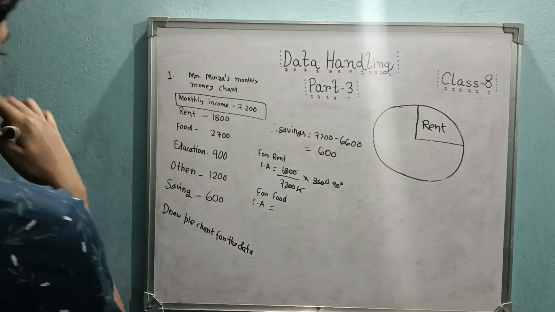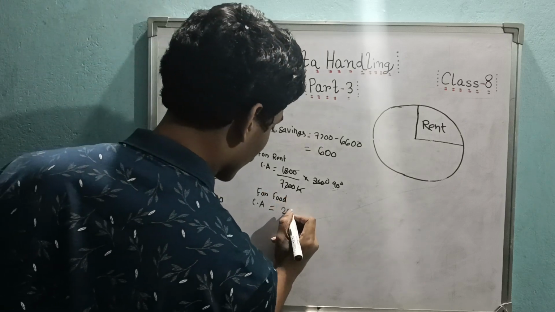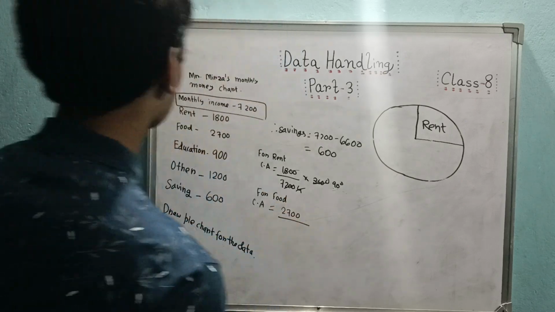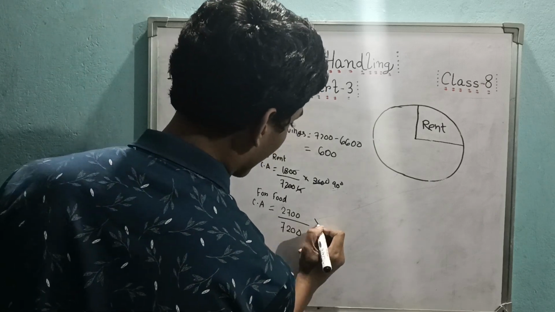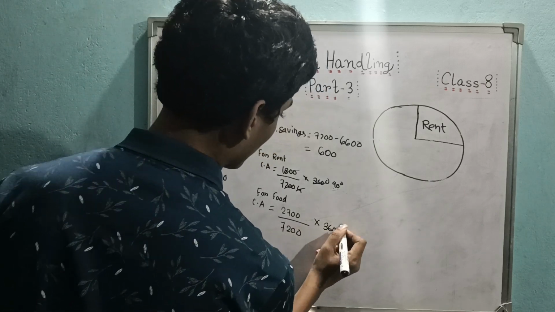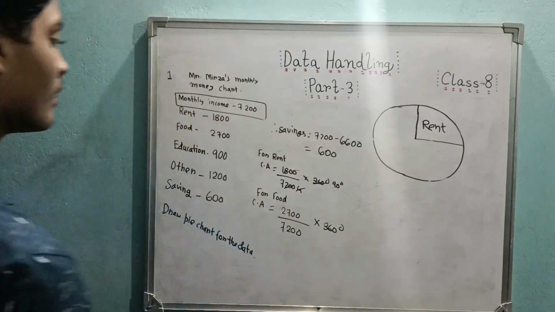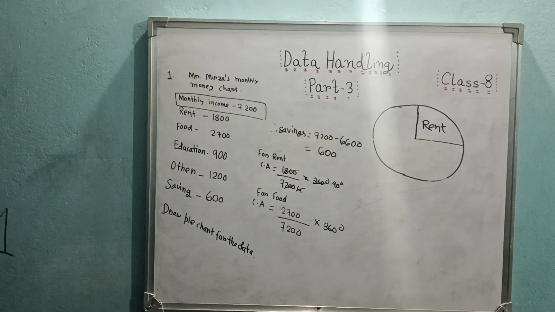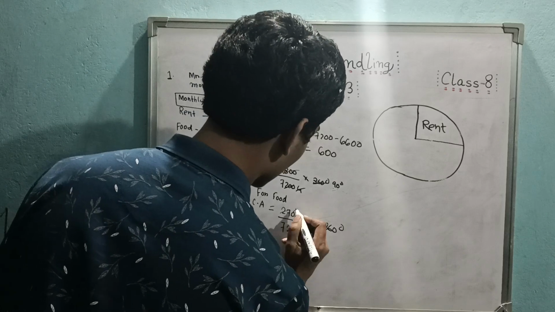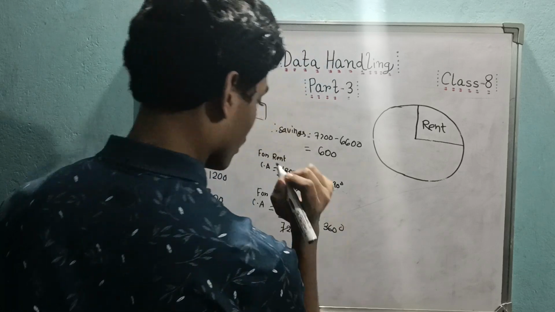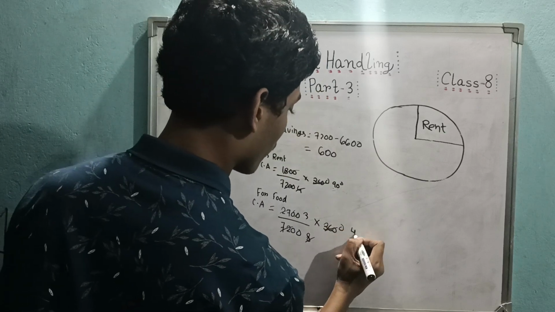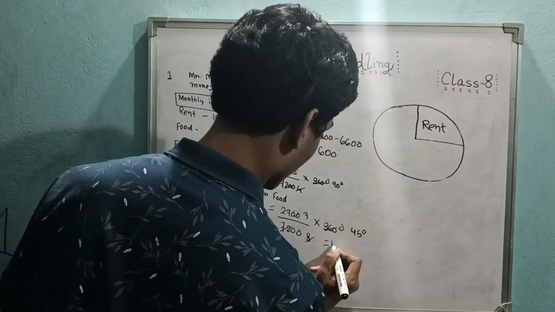So food's frequency, we consider the money spent, 2700 divided by total income 7200 multiplied by 360 degree. I told you the formula, respective frequency by total frequency into 360 degree. Cancel out the zeros, 3 9s are 27, 9 8s are 72, 45, 135 degree.